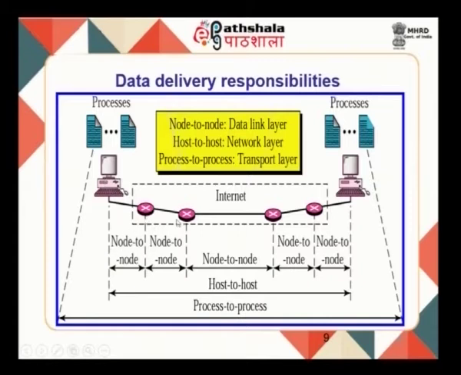Again from this router to another router is a node to node communication, it is a data link layer, and then again from this router to this router it is a node to node communication, a node to node communication here, a node to node communication here. From this host to this host you have a host to host communication, and at this host from this process to this particular process here, that is your process to process communication which is handled by our transport layer protocol.